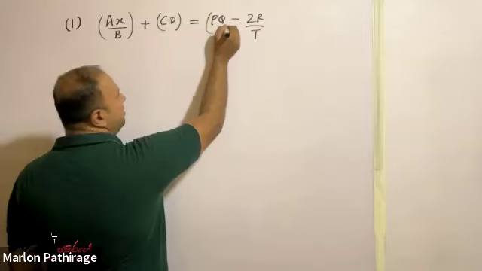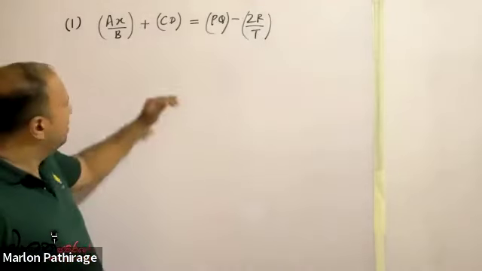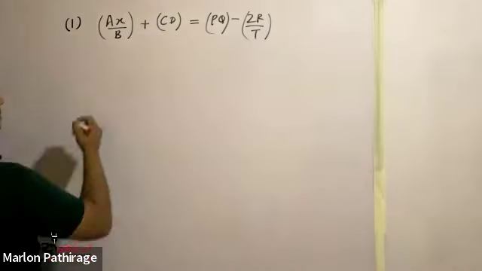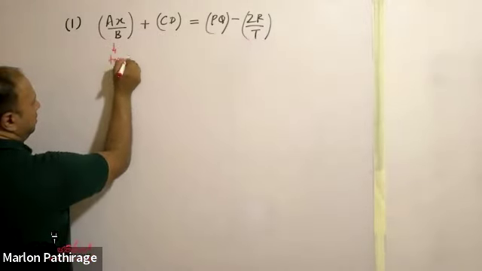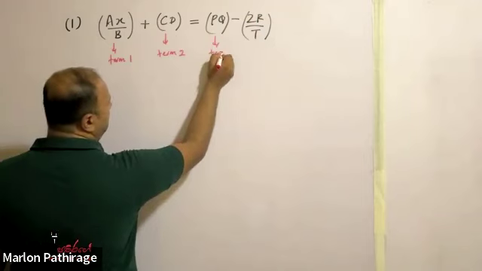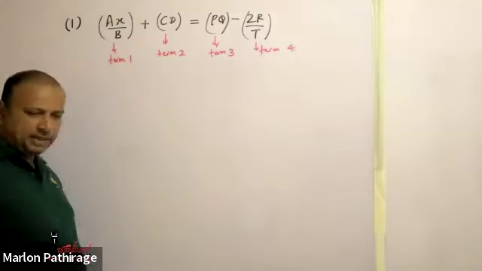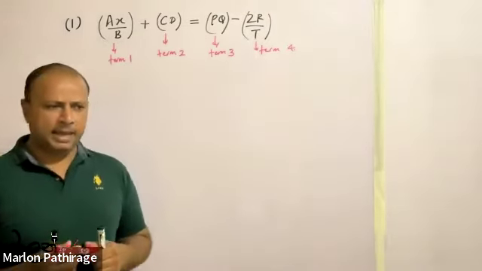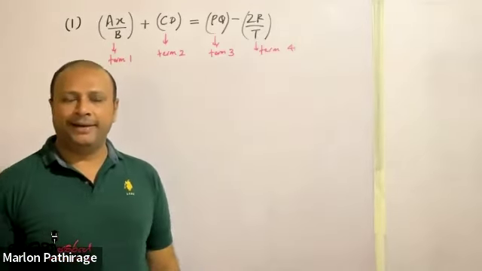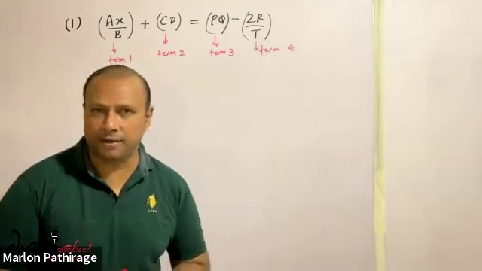Therefore, this is term 1, term 2, term 3, term 4. Actually, two terms are separated by either an addition or subtraction mark.